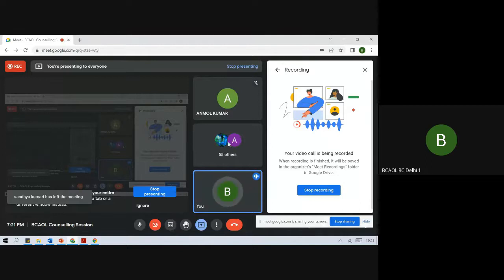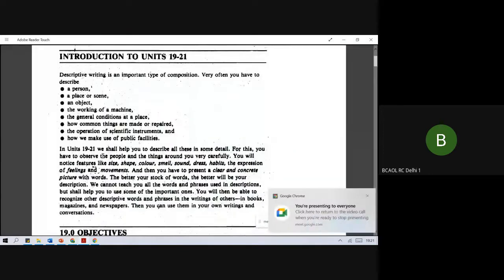Let's start with a very common example. What would be the common topic for descriptive composition writing or descriptive paragraph writing?